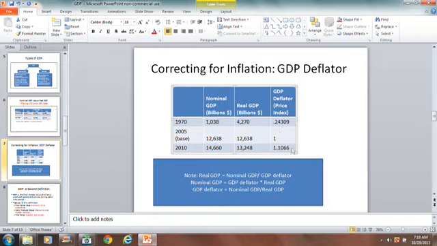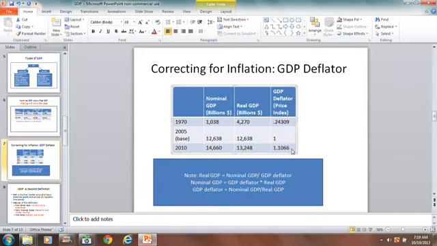For 2010, you have an index value here of 1.1066, and you calculate that by taking nominal GDP divided by real GDP, and it gives you an index value of this amount. And this index value is saying that what cost $1 in 2005 would cost you almost $1.11 in 2010.